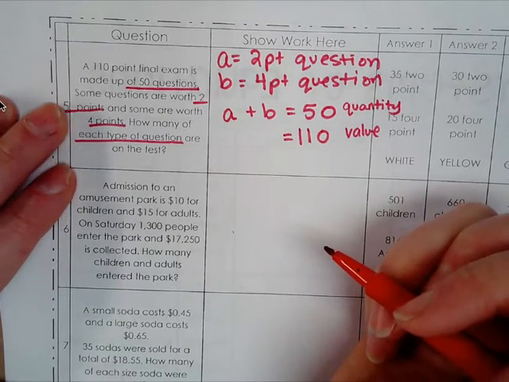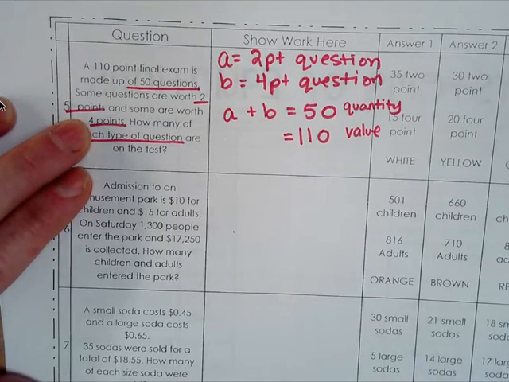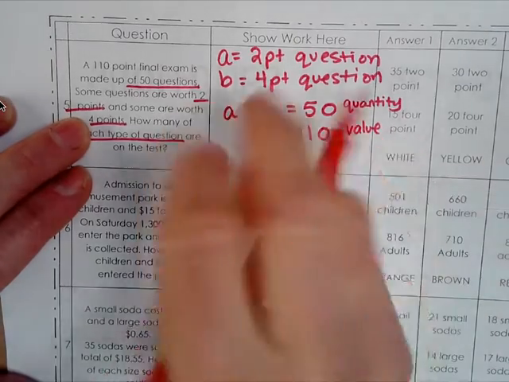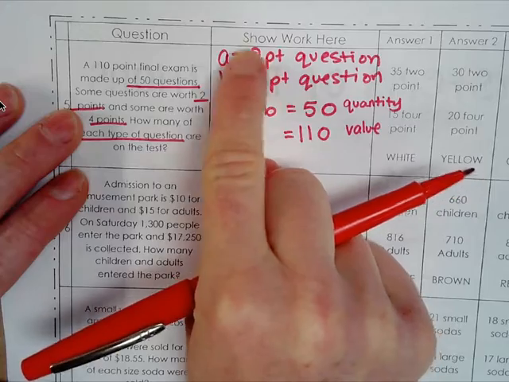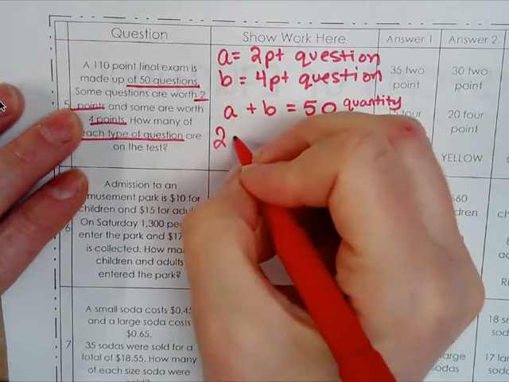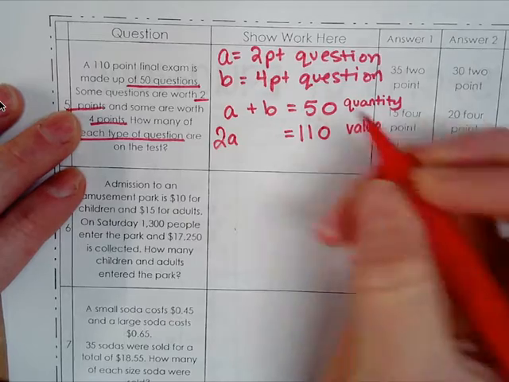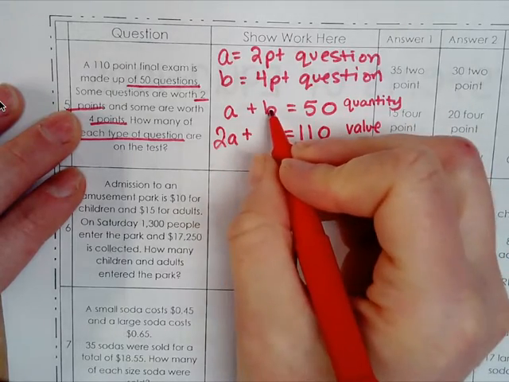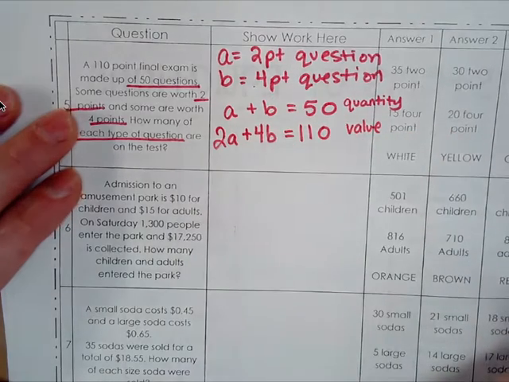So we need to know some are worth 2, some are worth 4. So we need to assign values to each one of the variables. So the value for A is 2. So 2 times A plus B is the value of the 4 points. So 4 times B.